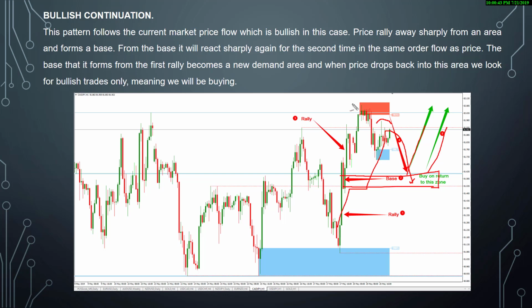And remember, your target will be the highs that have been formed during the rally. That will be your TP, your take profit area. If it's a bearish continuation, the target is the lows that have been formed, like in this case.